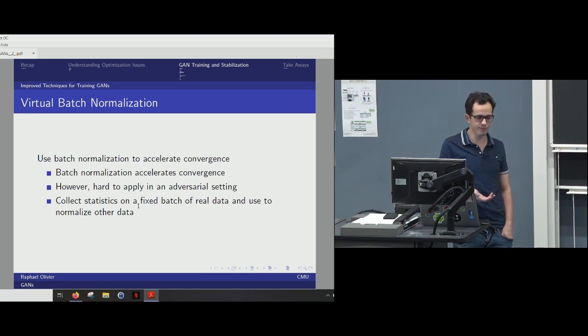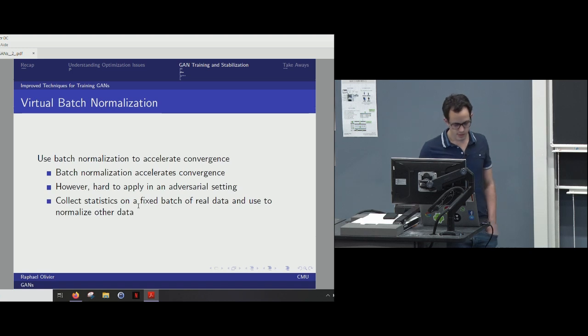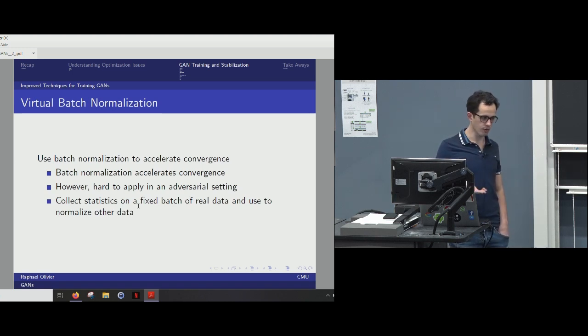And if you compute your statistics on the batch that you're looking at, you're making every input that you generate completely dependent on the other inputs, and that generates all sorts of problems. So what they're saying is, I'm going to compute batch norm, but not on the data that I'm looking at, but on another part of the data.